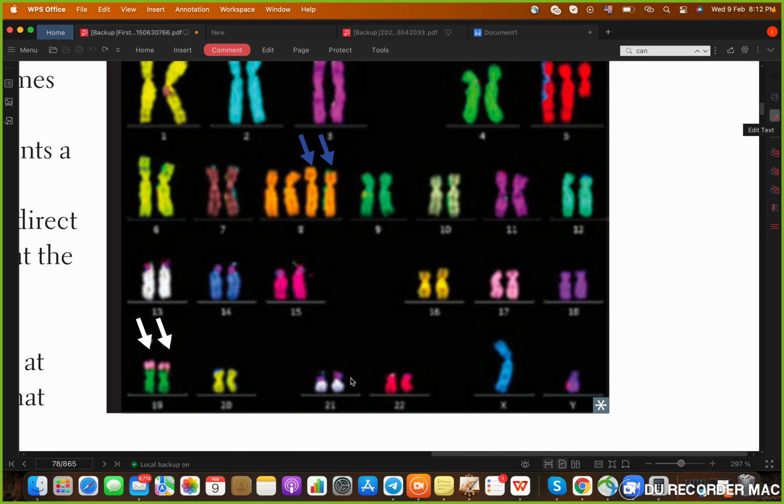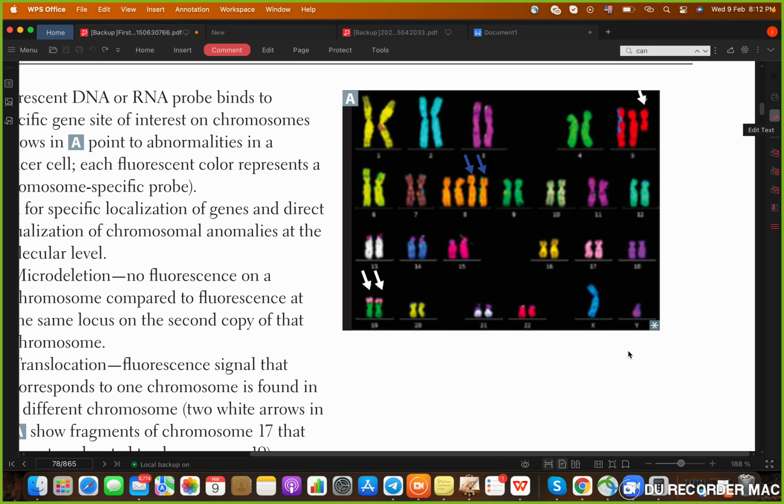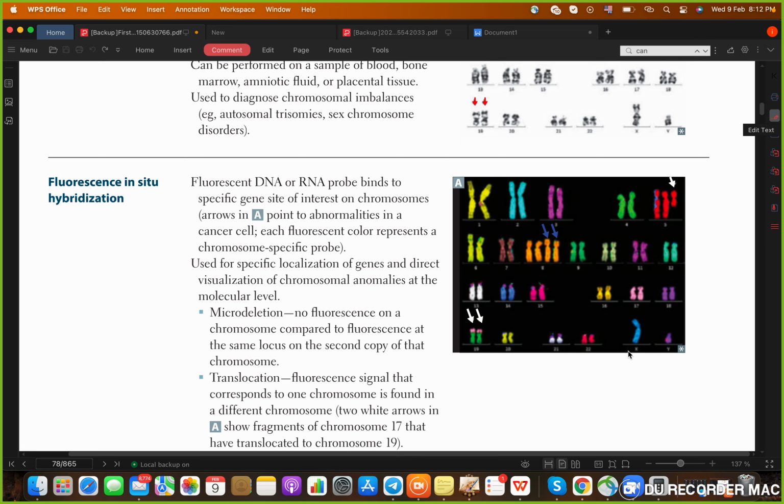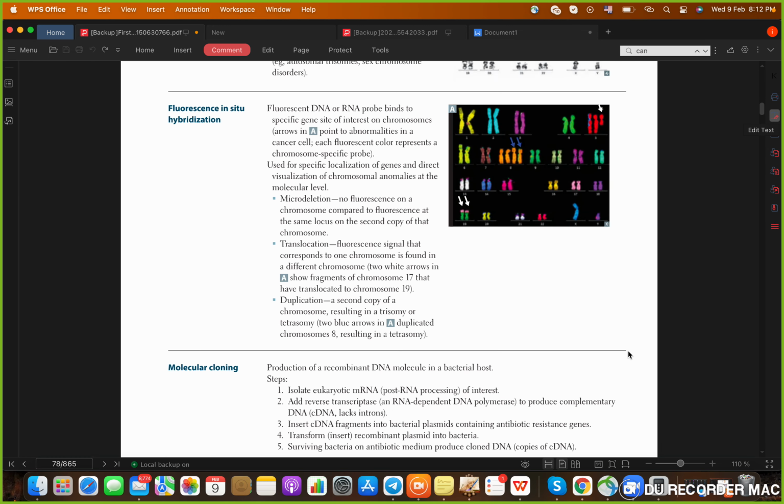As I said before, if you have a third one here, this is Down, Patau, sorry, Edwards, Patau. If this is absent, it's Turner. If there is another Y chromosome, this is XYY, where the patient just becomes more aggressive. A man that is really aggressive, XYY.